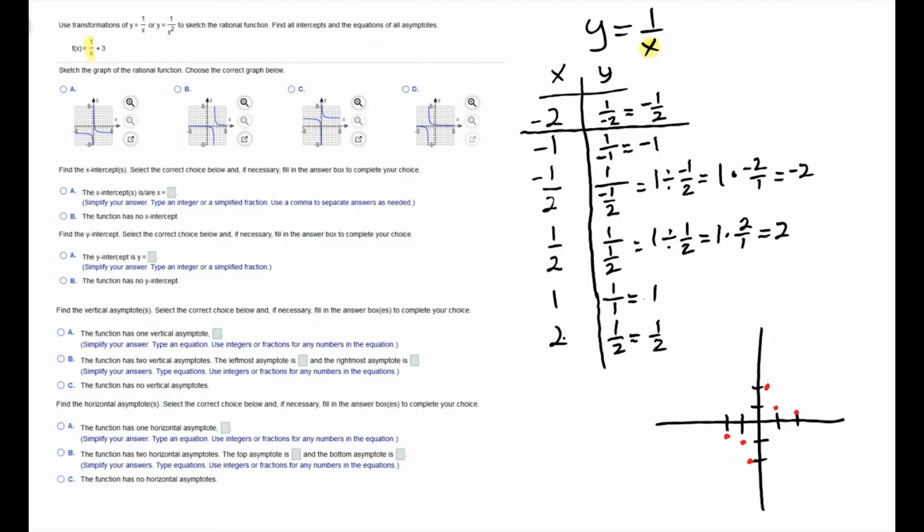Now, these 6 points don't look like they connect to each other. They don't follow a smooth path, and that's because of what we talked about earlier. Remember we said that we couldn't plug a 0 in? Because plugging a 0 in would give us something that's undefined, we have a break in the graph, and that break happens at 0.